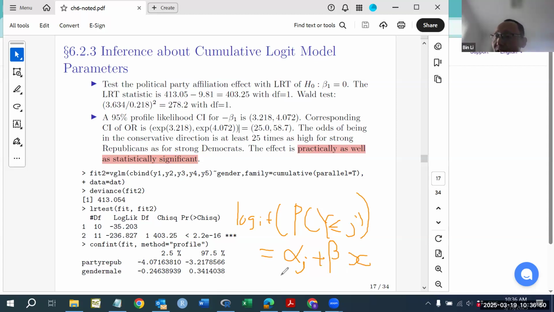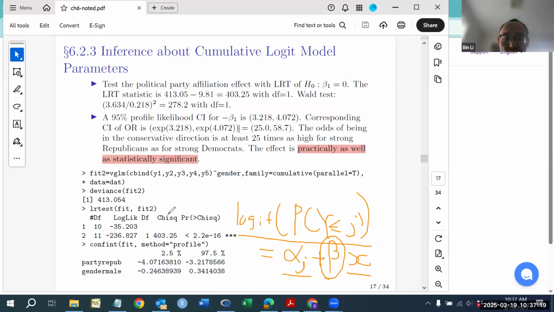You can see the only thing that changes with j is the intercept, but the beta is the same. In other words, the effect of x on different levels of j for the cumulative logit model is the same. Okay, so that's the assumption, and we will talk about how to relax this assumption in a minute.